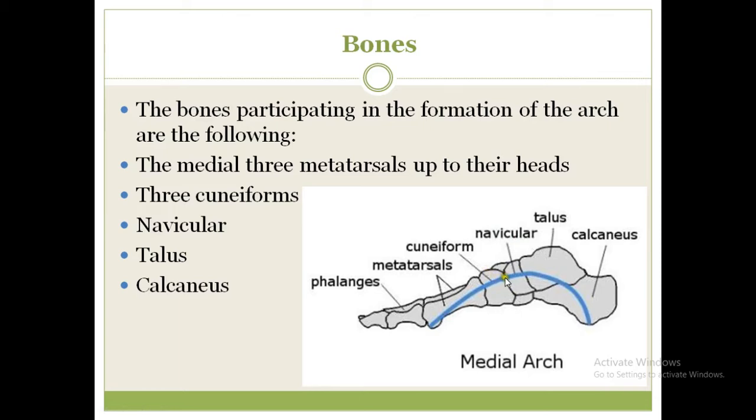Then we have the navicular bone, talus, and the calcaneum. So the entire hindfoot, that is the talus and the calcaneum. Then we have the midfoot, which includes the three cuneiforms and the navicular. And from the forefoot, we have the medial three metatarsals up to their heads.